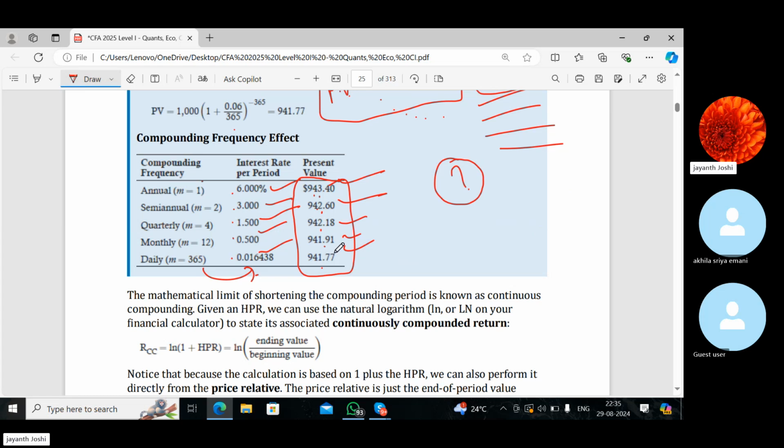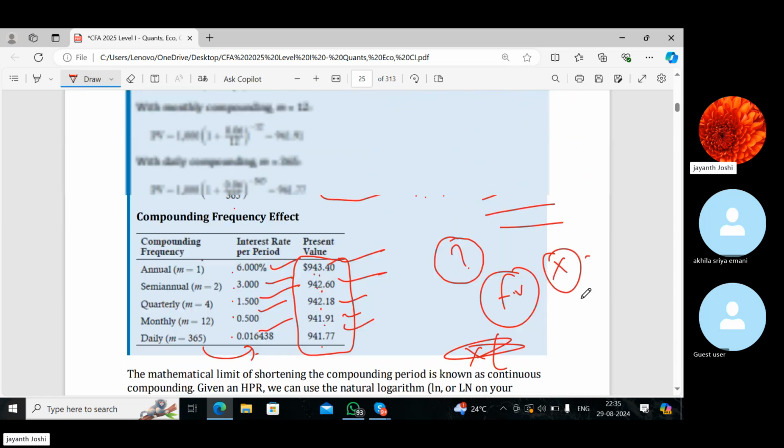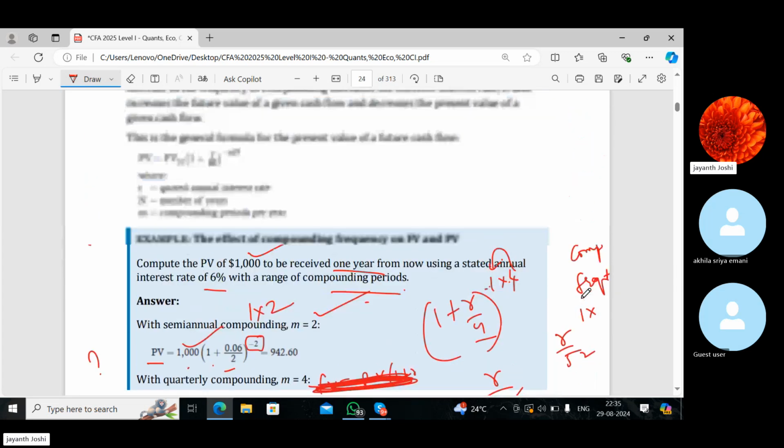Okay, so you see, if I calculate future values for some amount X, let's say I have some amount X and I calculate. Okay, I'm giving you a question, just find it out at home, and we'll discuss it in tomorrow's session.